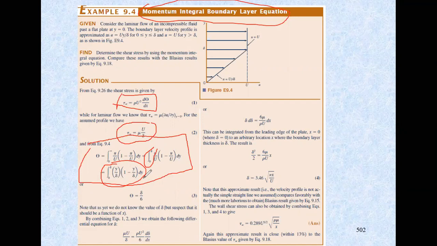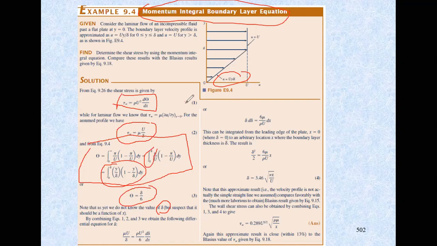So if you substitute them and integrate, you will have this boundary layer momentum thickness of delta over 6 in relation to the boundary layer thickness. We don't know what the delta is. We only know that it's linear between the velocity profile and the boundary layer thickness.